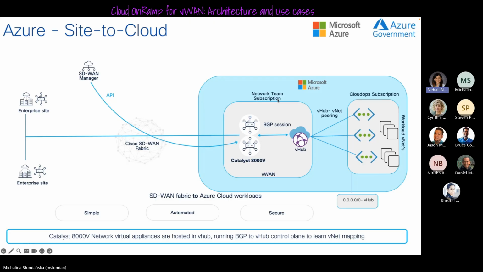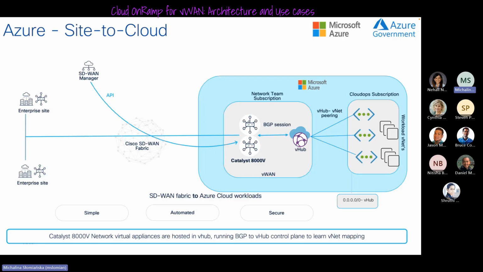So this is a very common scenario that we see different teams managing it. So how does it work? Can you establish trust between multiple subscriptions with the SD-WAN manager? Yes, that's correct.